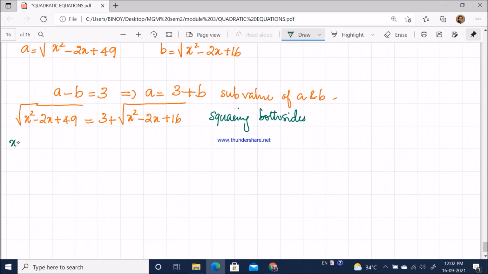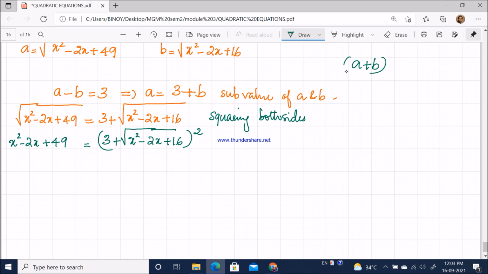So it will be x square minus 2x plus 49, and this is of the form (3 plus root of x square minus 2x plus 16) whole square. Which is of the form (a plus b) whole square is equal to a square plus 2ab plus b square.